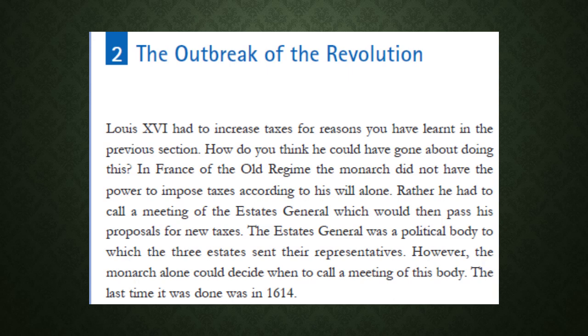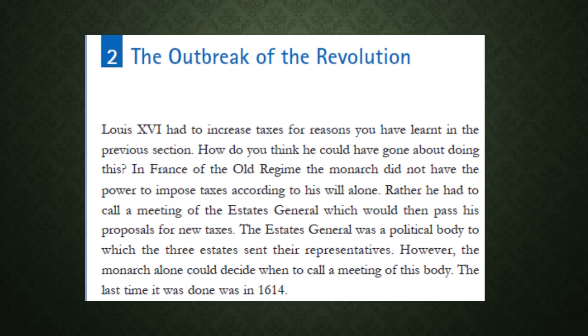Rather, he had to call a meeting of the Estates General, which would then pass his proposals for new taxes. The Estates General was a political body to which the three estates sent their representatives. However, the monarch alone could decide when to call a meeting of this body. The last time it was done was in 1614.